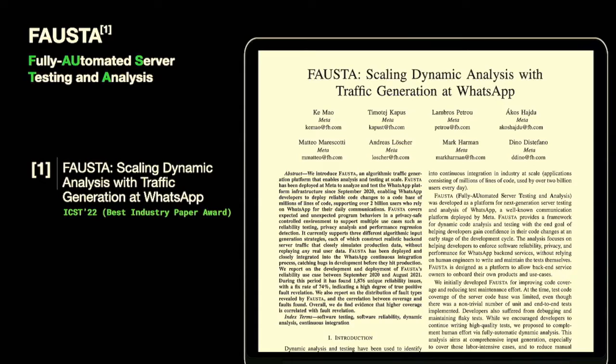FOSTA is short for fully automated server testing and analysis. With continuous generation, it doesn't require human engineers to write and maintain the test inputs. We published our FOSTA work at the ISSTA 2022 conference. It had the honor of receiving a Best Industry Paper Award.